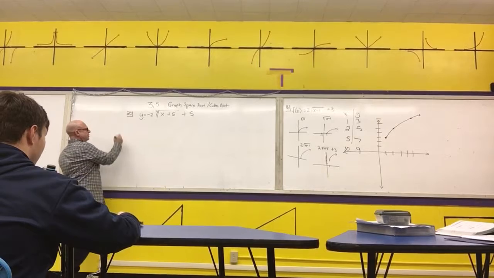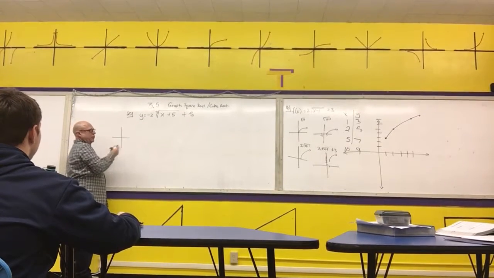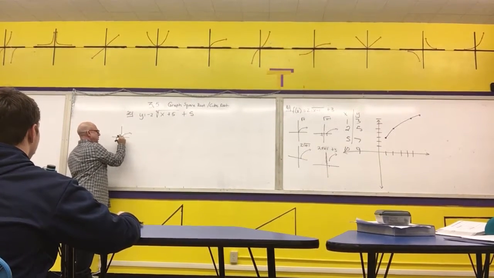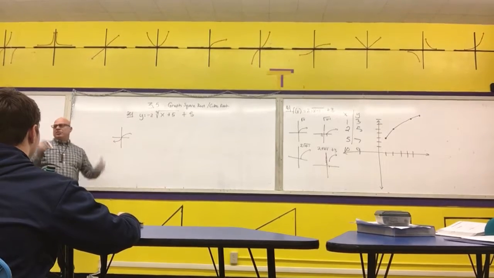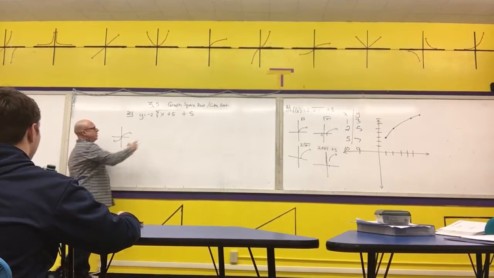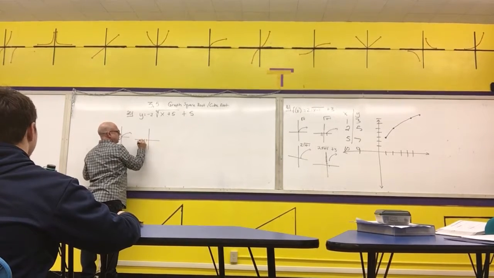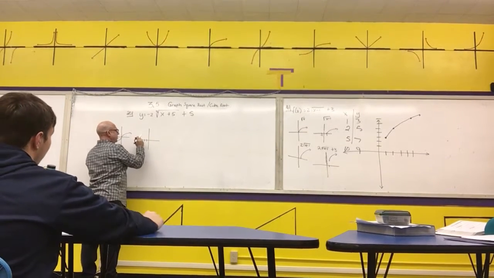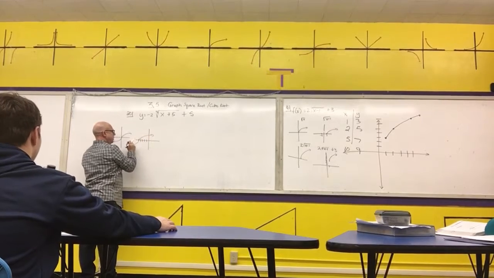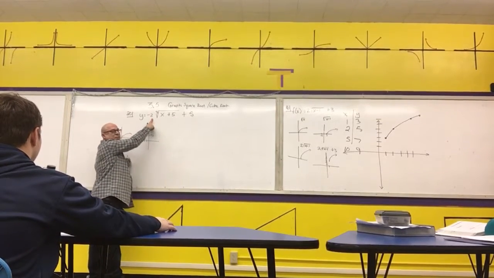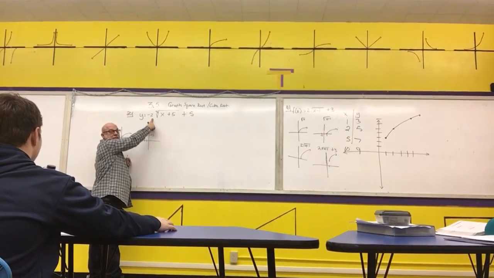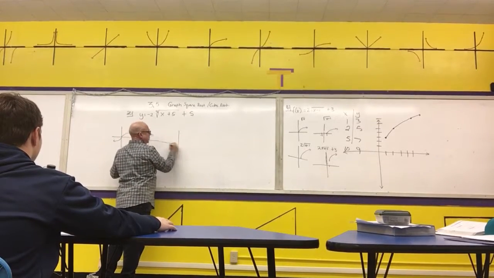First thing I'm going to do is make this scratch graph of a cube root function. I just know it's that graph. Next thing I'm going to do is shift it 5 to the left. And I'm going to draw that graph again. Then I'm going to flip it upside down and stretch it. 1, 2, 3, 4, 5.